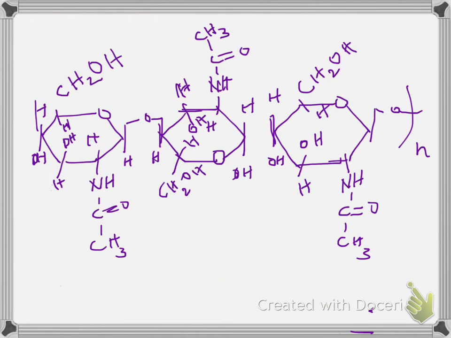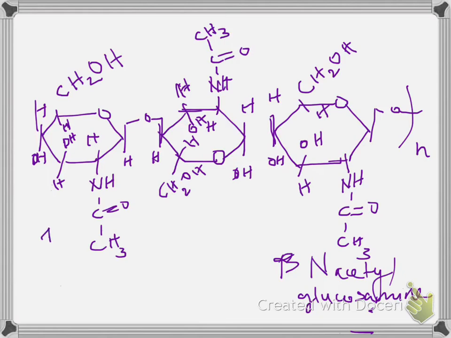Now the third beta D N-acetyl glucosamine is again like the first molecule. Here the CH2OH is upward, in the second it is downward, and again in the third molecule it is upward, and the bond formation is between these two.